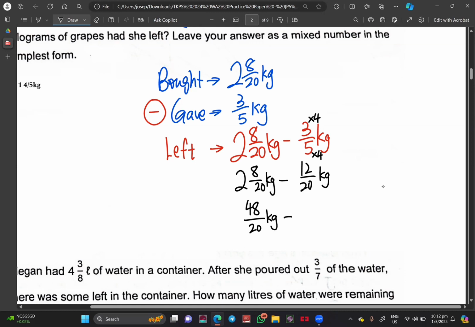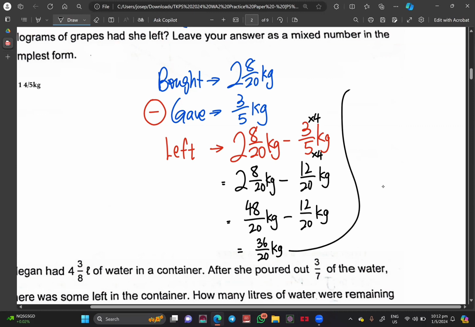Whenever we subtract, we have to remember that it is big minus small. So now you get 48 over 20 minus 12 over 20. Remember, when you add or subtract fractions, the denominator always has to stay the same.